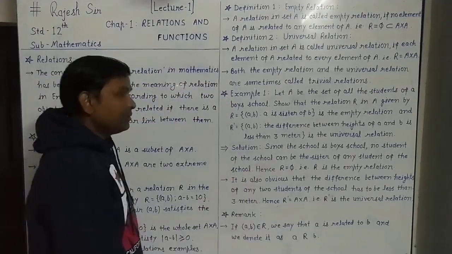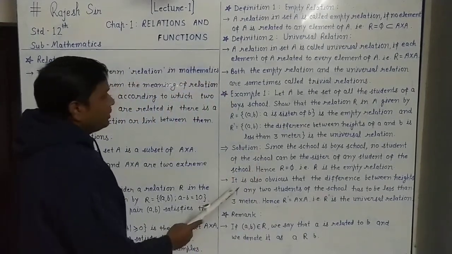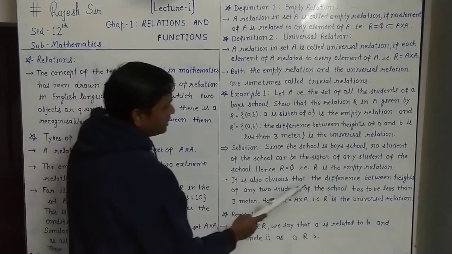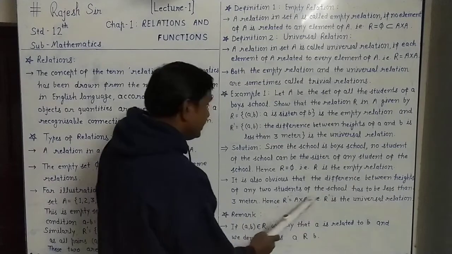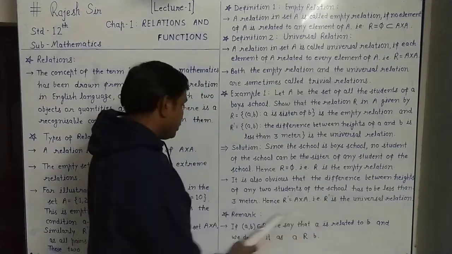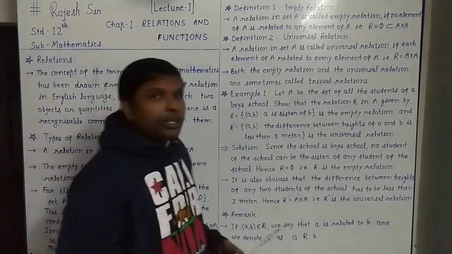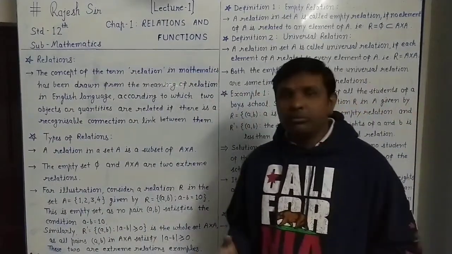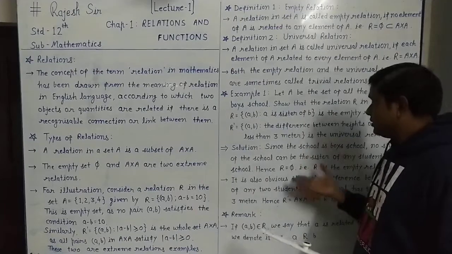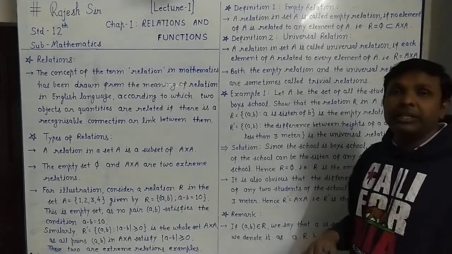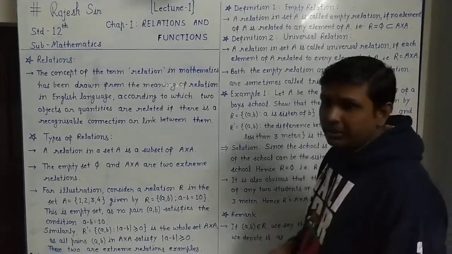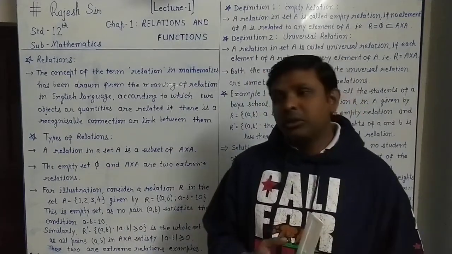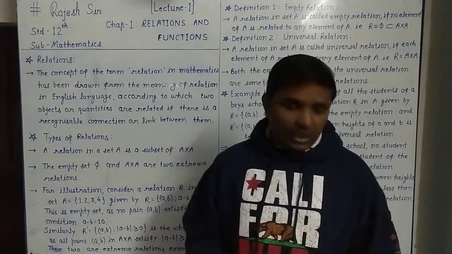Now for the next relation R dash, it is also obvious that the difference between the heights of any two students of the school has to be less than 3 meters. Generally the height of a boy studying in school will be in meters, maximum 2 meters or around it.